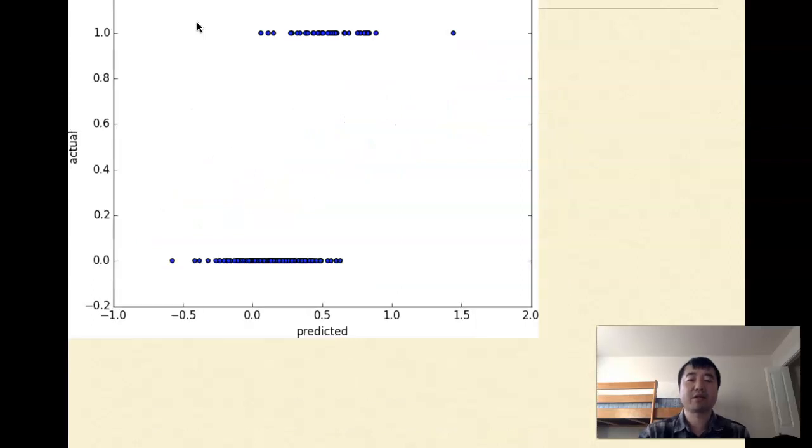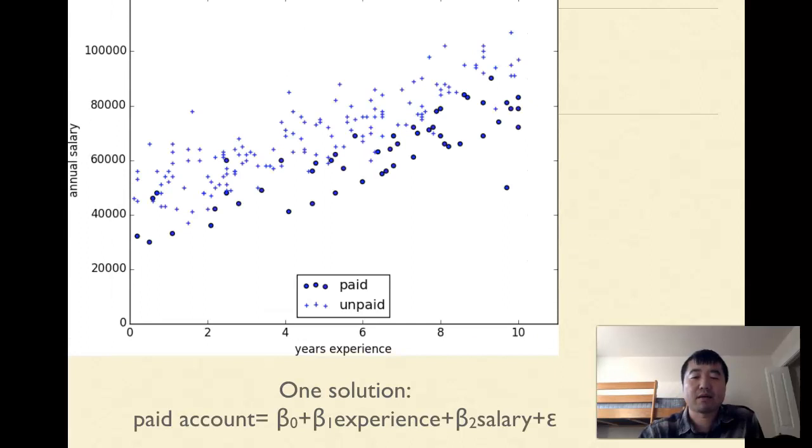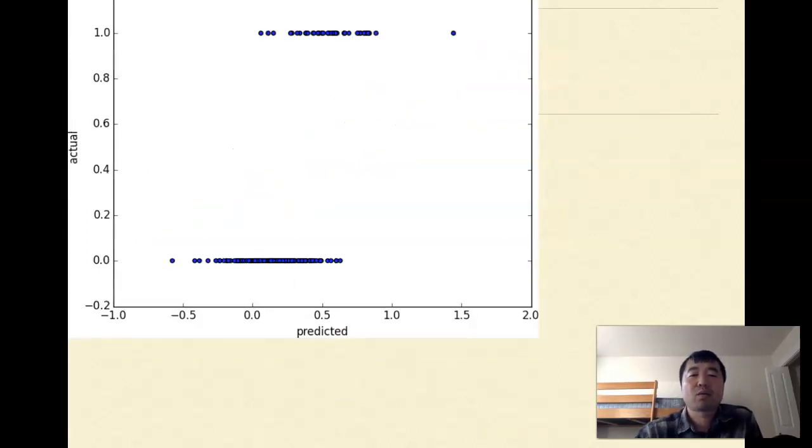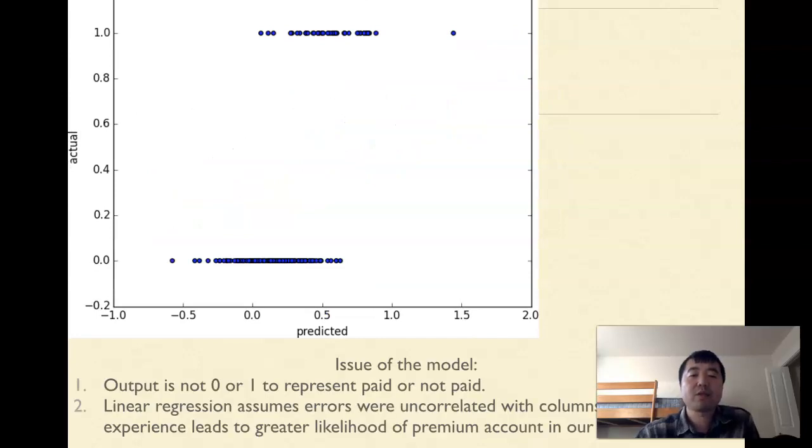So your prediction would be here, the x would be the predicted, y is the actual. So you can see the actual would be either 0 or 1. But your predicted number could be less than 0 or larger than 1 because you have this multiple linear regression, right? So there is some issue with the model.